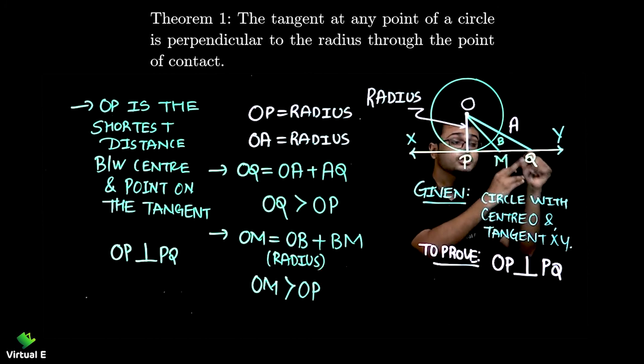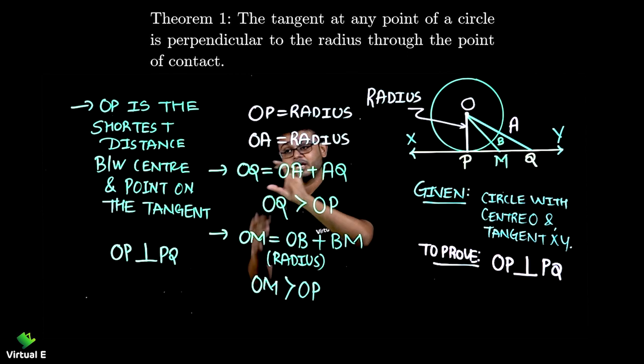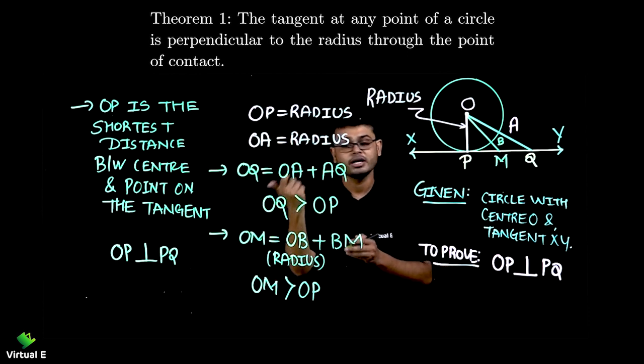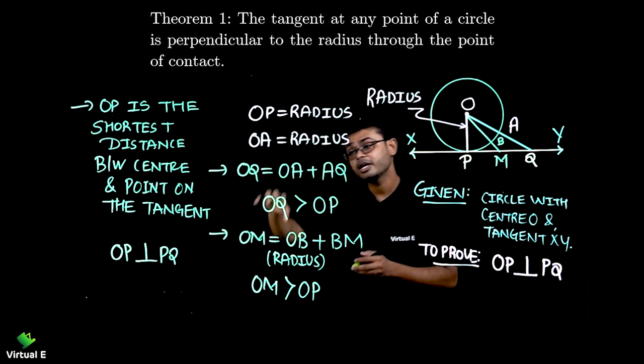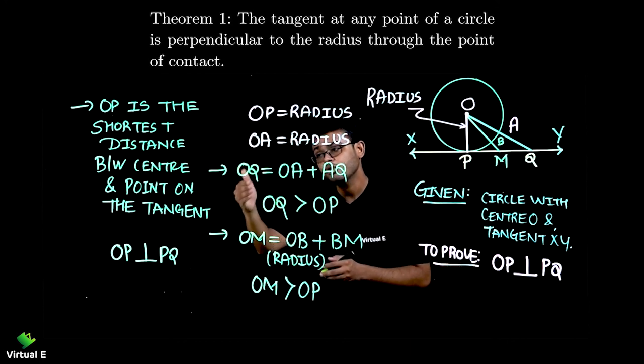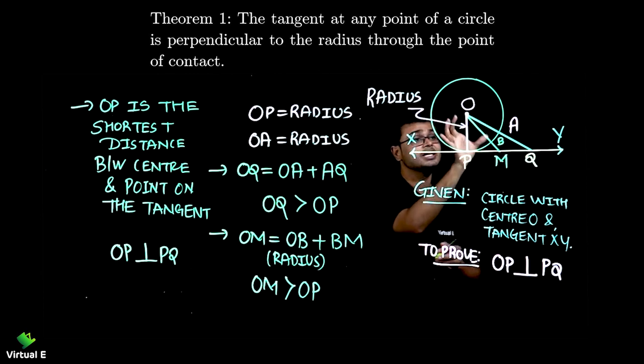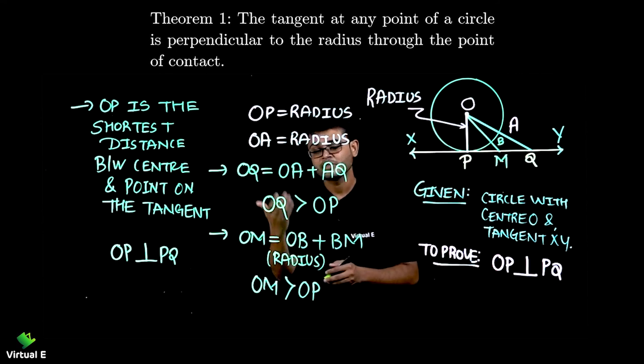First I have taken point Q. So I can write one equation for OQ, which is OA plus AQ. OA is what? Radius. You are adding more to the radius. So value of OQ will be more than OP because that is only radius. This is radius plus some extra. So OQ is obviously greater than OP.